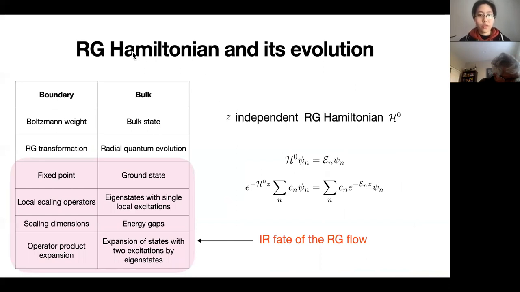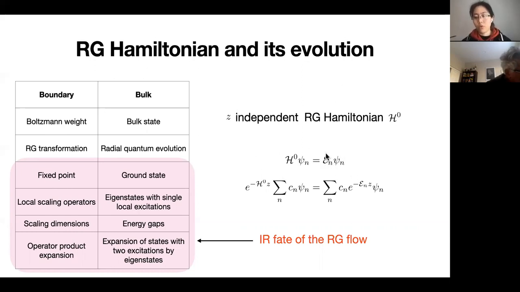By viewing this RG process as a quantum evolution problem, we can add more items to this correspondence. If we have the induced RG Hamiltonian, which I also call the RG Hamiltonian for convenience, and it is RG time Z independent, then we can solve its spectrum and eigenstates.